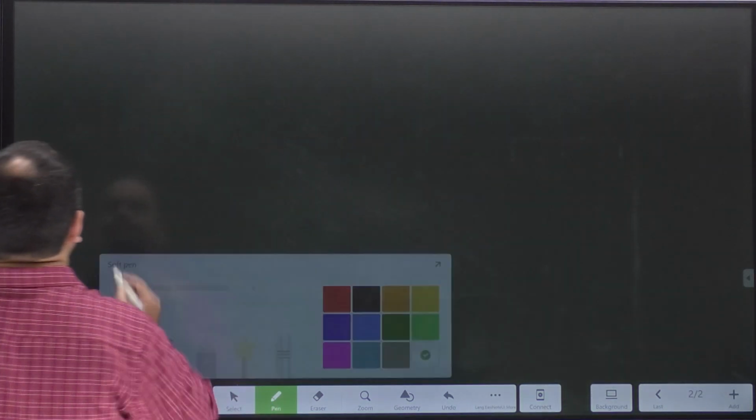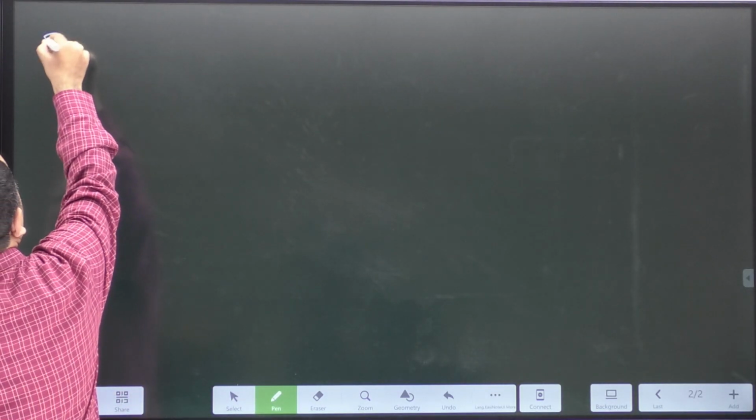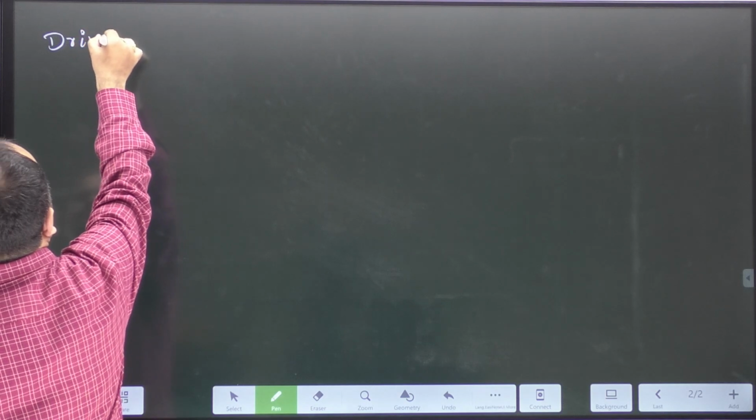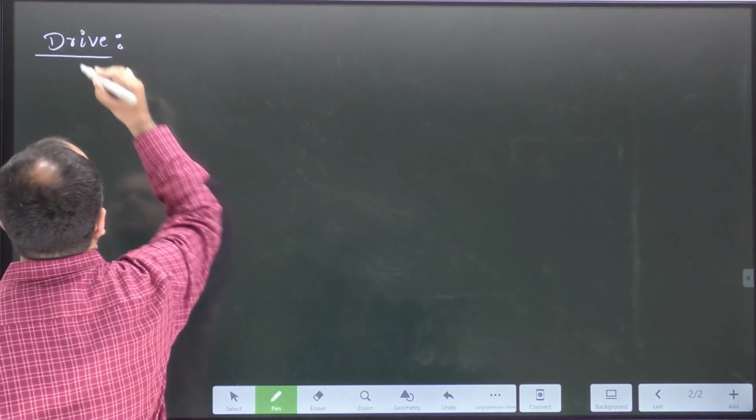Okay. So, if you see the definition, first let us define a drive.